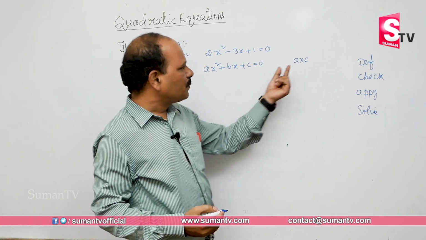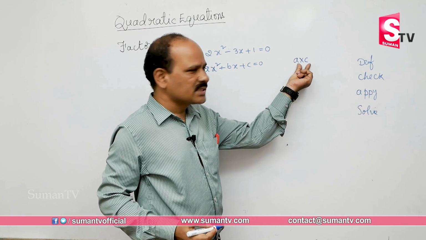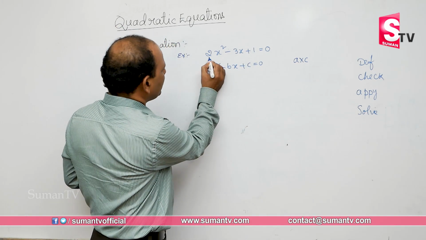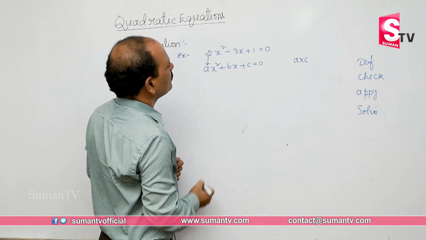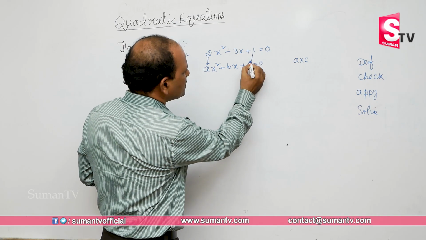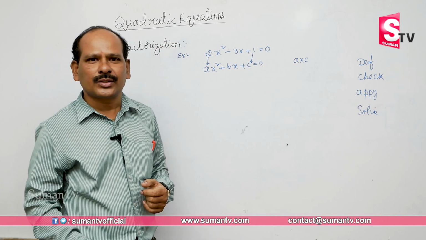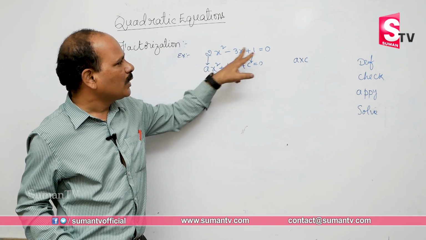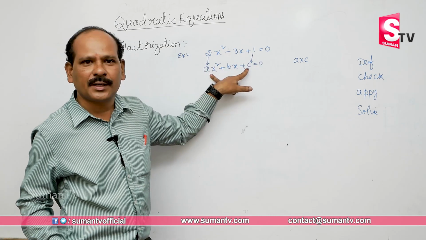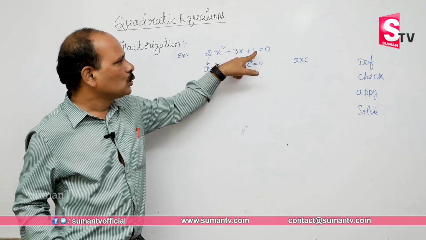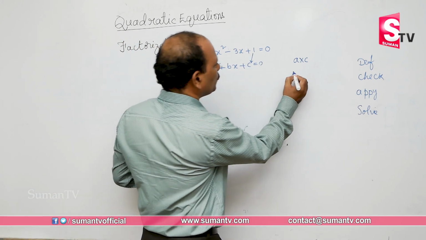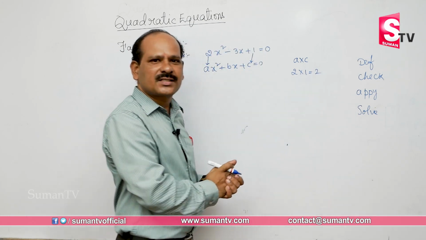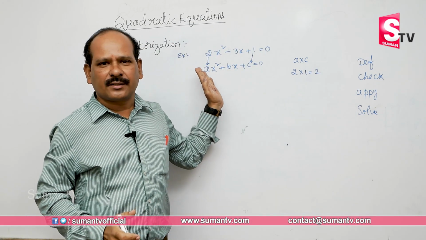In this example, a is 2 and the constant is 1. In the first step, I have to multiply 2 and 1, because a and c have to be multiplied. The product of 2 and 1 is equal to 2. This is the first step to solve the equation.